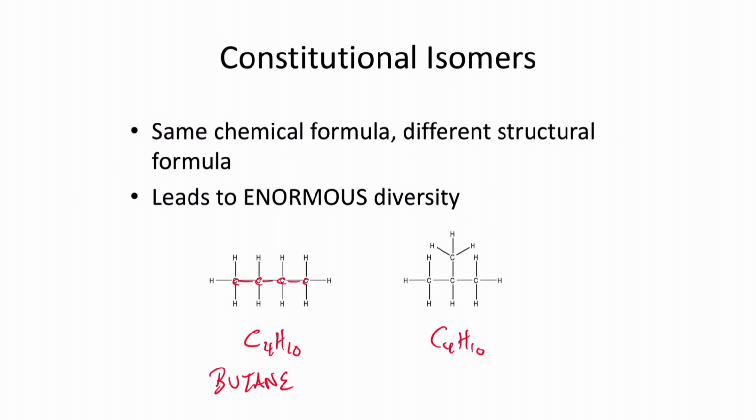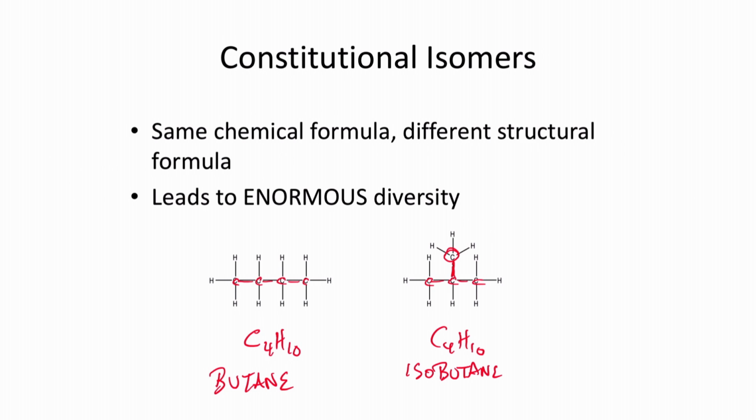But I can have something called isobutane, which is an isomer of butane, where I actually have 3 C's in a row. And then the 4th carbon, instead of being connected to the 3rd carbon, is actually right here in the middle. And so now I have different connections, different bonds in different places.